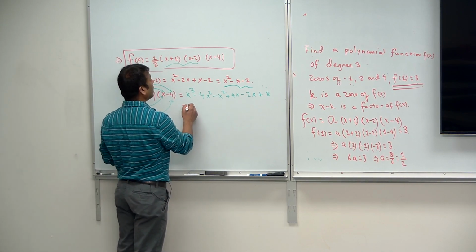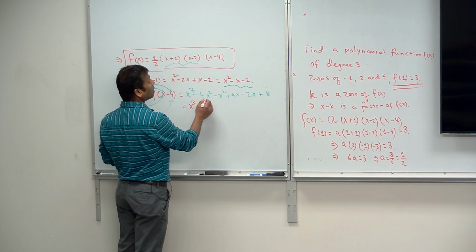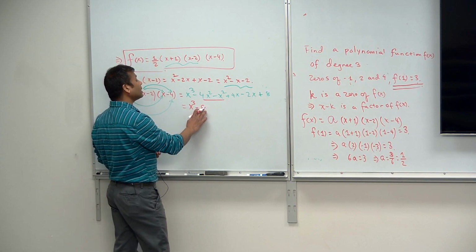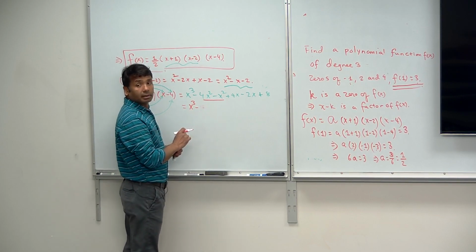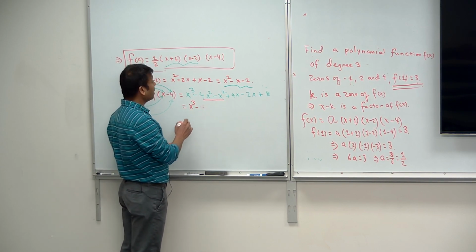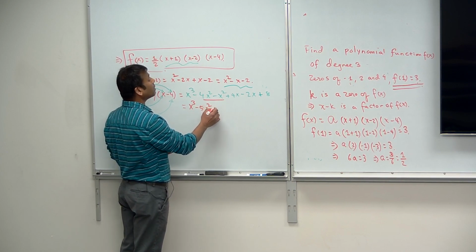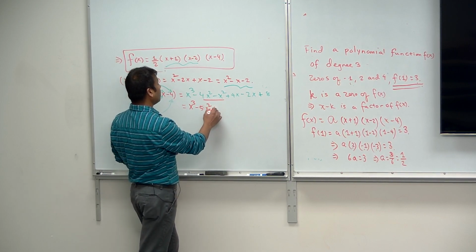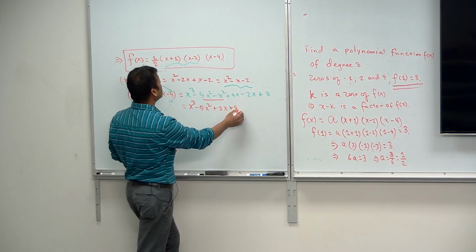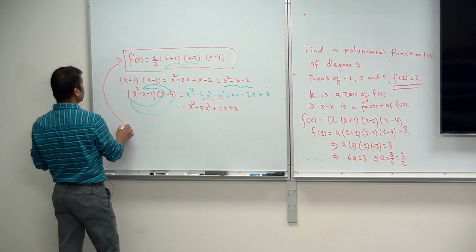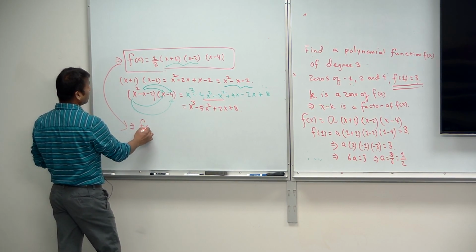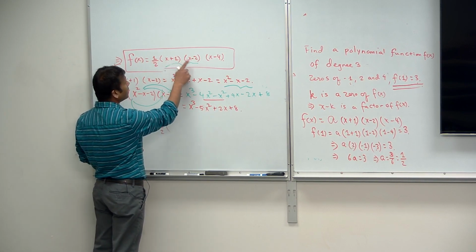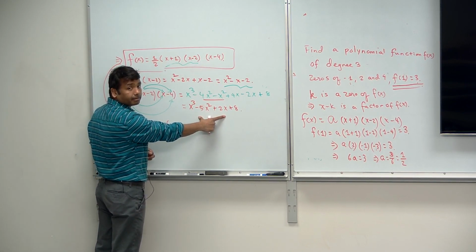So what did you get? That would be x cubed. You combine these two: what is negative 4x squared minus x squared? Negative 5x squared. What is 4x minus 2x? Yeah, plus 2x plus 8. So now f of x is equal to 1/2 parenthesis, when you multiply this and this, we got this, right?